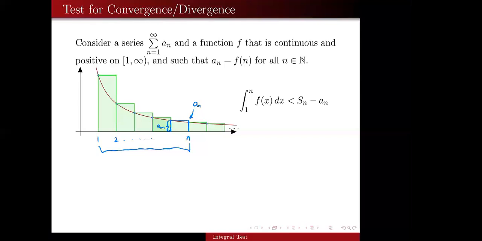So the sum of these rectangles, up until this, you will have A sub 1 plus A sub 2 plus etc. plus until A sub N minus 1. Correct?